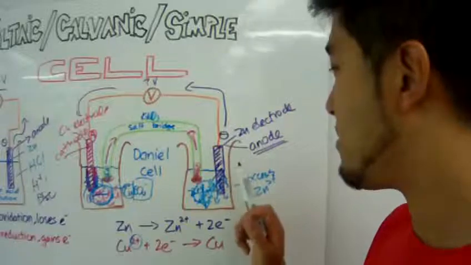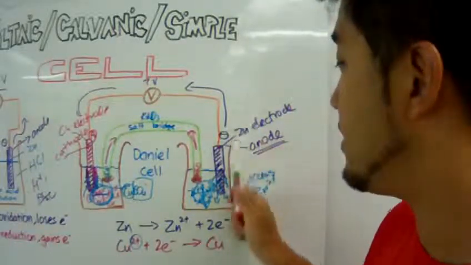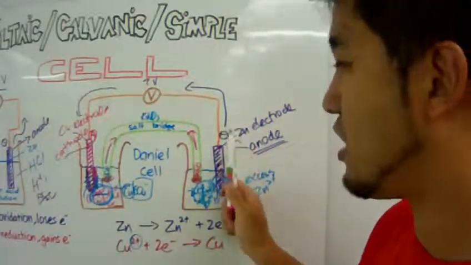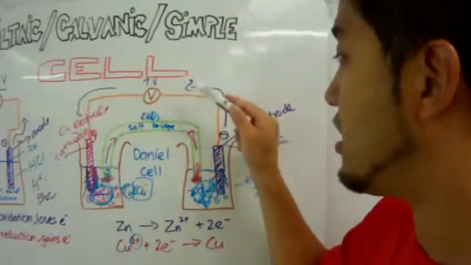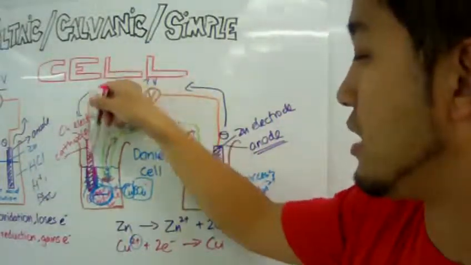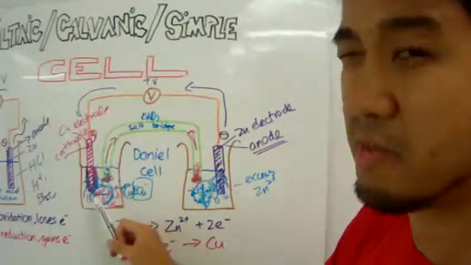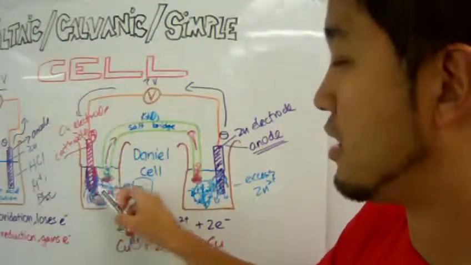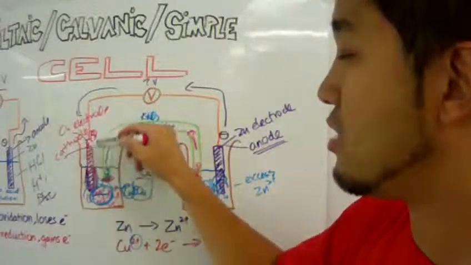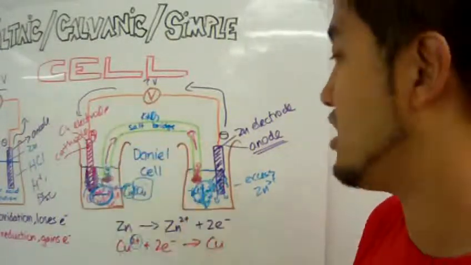You just have to remember that here you undergo oxidation because you're losing electrons, and here you're gaining electrons, because Cu2+ becomes copper that gets plated on the electrode. So here is where you undergo reduction.